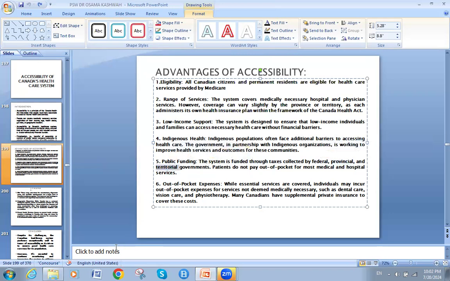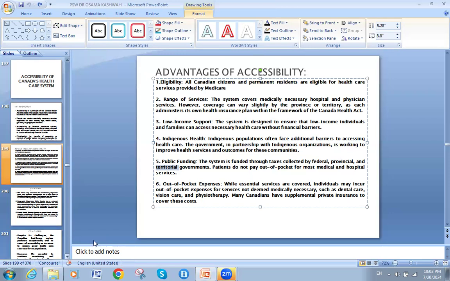So OHIP is funded through taxes, and we talked about this at the start of the curriculum. We said that part of the taxes goes to cover health insurance. All the provinces are doing this.